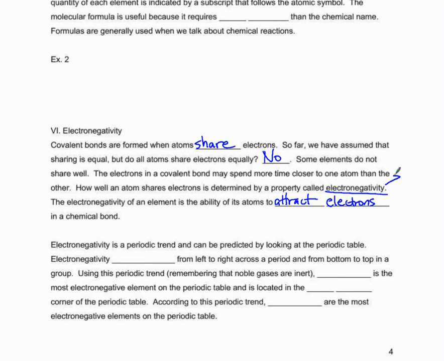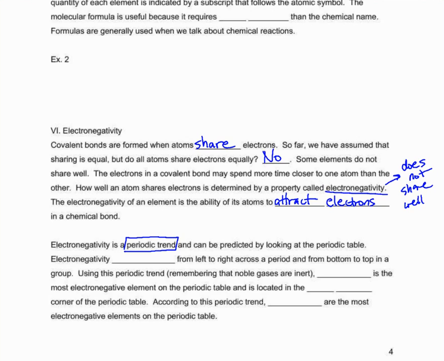It's basically a measure of how poorly this atom shares electrons. So electronegativity is something called a periodic trend. And that means that we can figure out electronegativity by just looking at the periodic table.